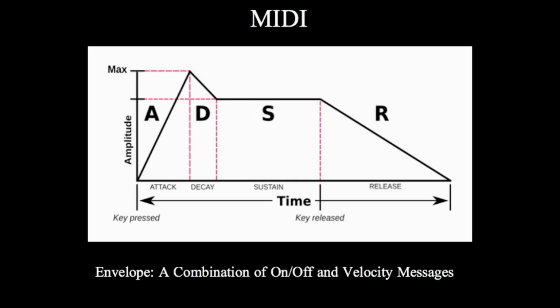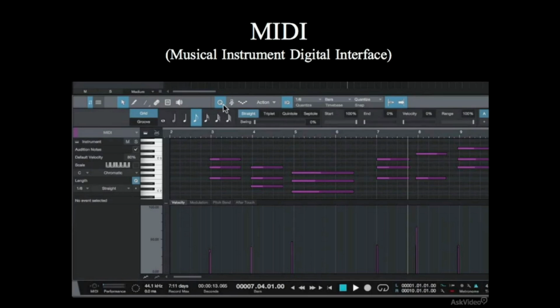The speed at which I push down the key tells the electronic instrument how loud it should be, what the amplitude should be. Okay, so now we can really start, and this is really important. An important concept here is that velocity, speed, equals volume. Okay, so this gets us to Studio One.